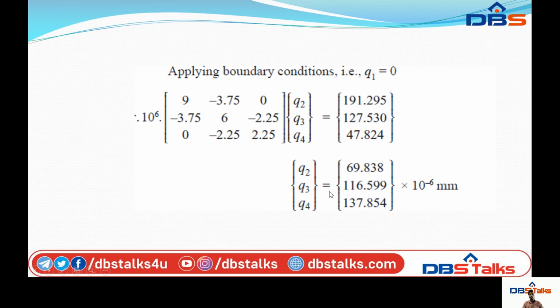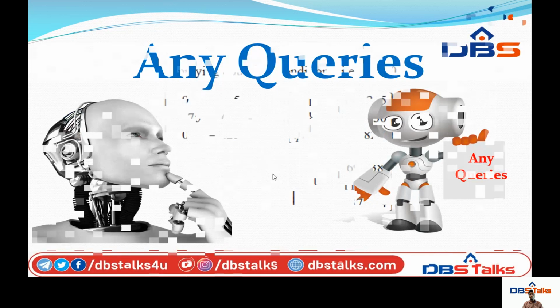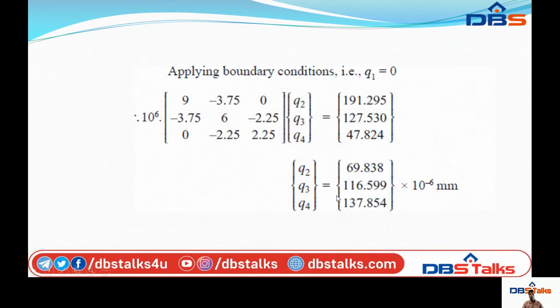We get the Q2, Q3, Q4 values in millimeters, in powers of 10. This is the procedure of how to do the problem and how to convert the tapered bar section into a stepped bar problem. By considering width into thickness, you will get the area of the stepped bar.